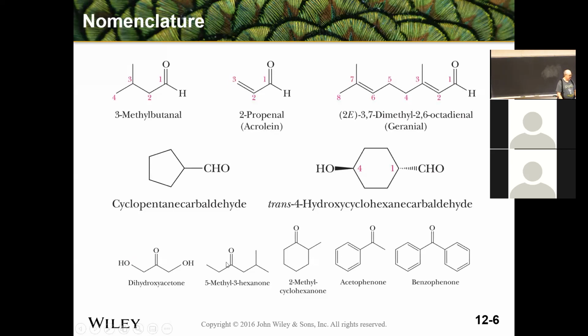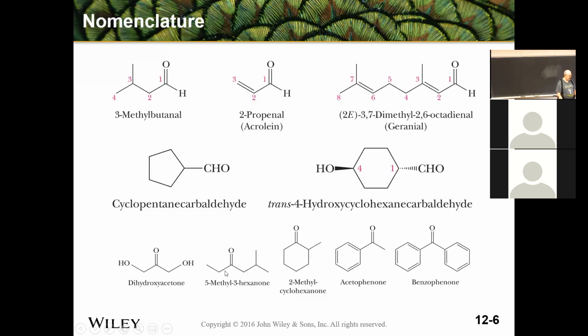Okay, since a ketone is between two carbon atoms, it doesn't have to be at the end of a chain. And so for an acyclic ketone, we do have to specify the location of the carbonyl. So this is 5-methyl-3-hexanone.